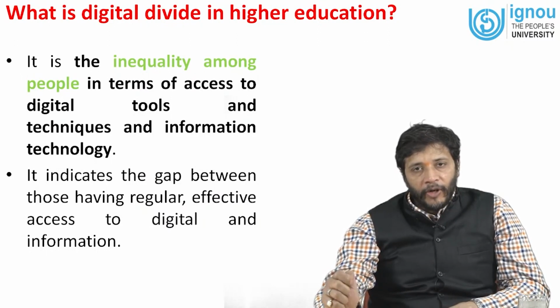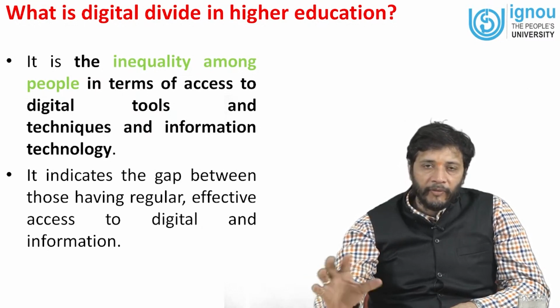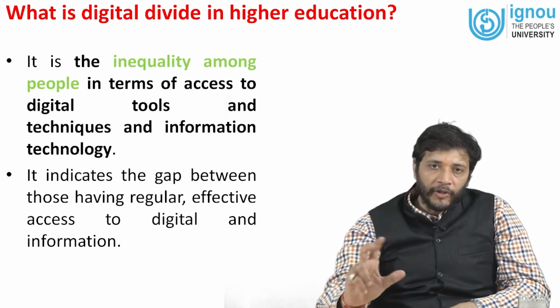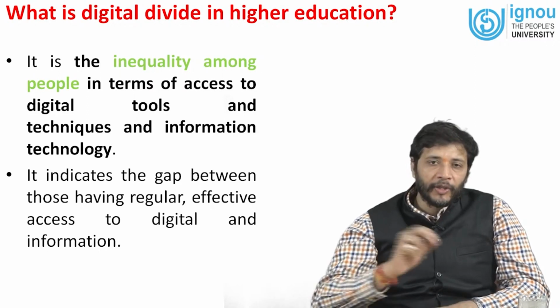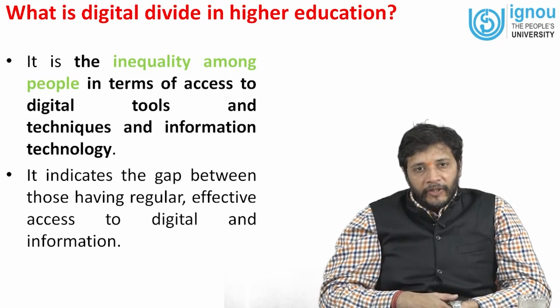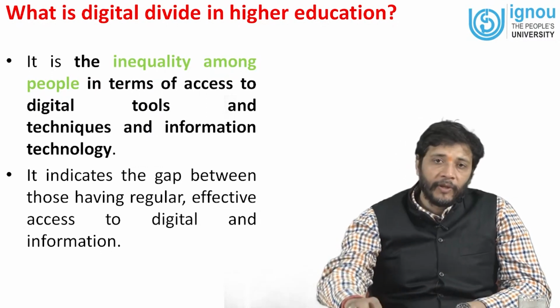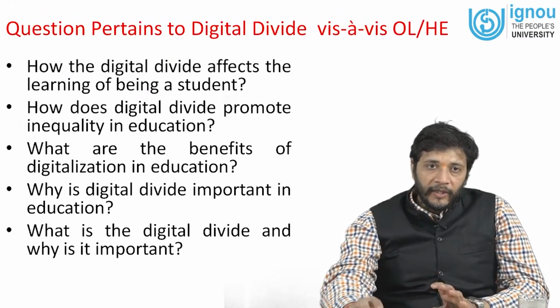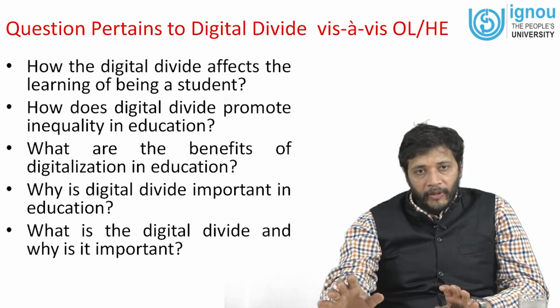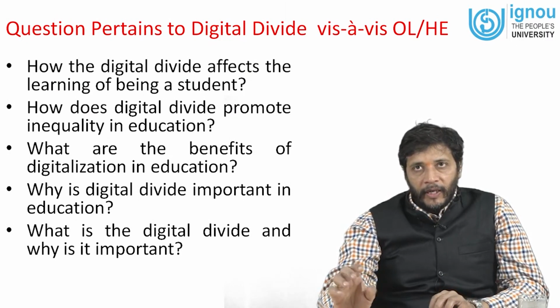And when you talk about higher education, it is quite intricate in nature if you compare it with primary or secondary education, because tertiary education is somewhat more intricate. The digital divide is the inequality among people in terms of access to digital tools, and it indicates the gap between those who have regular effective access to digital information and those who do not.